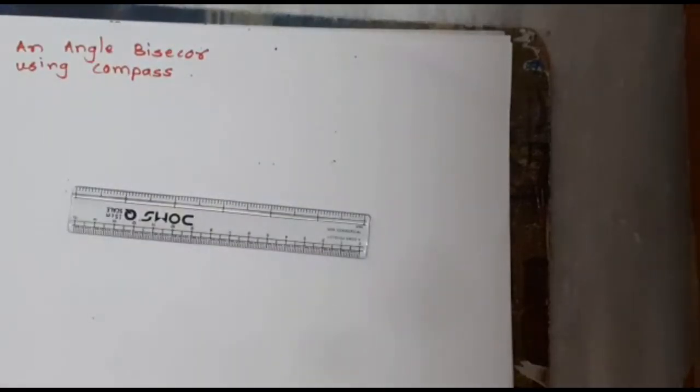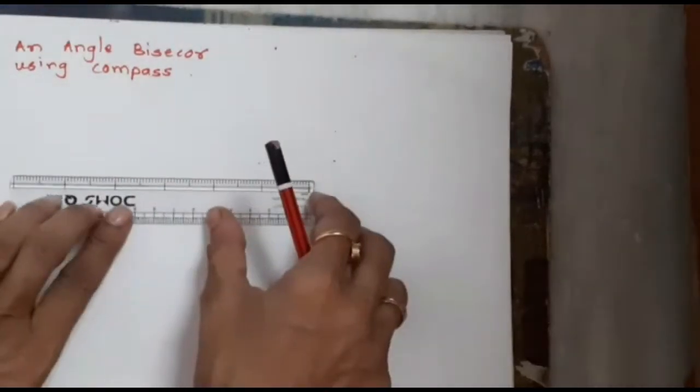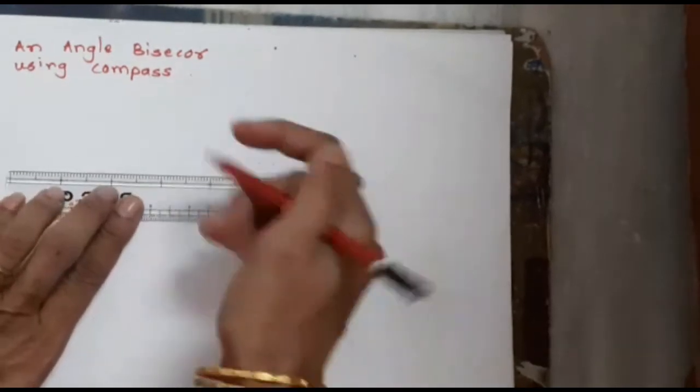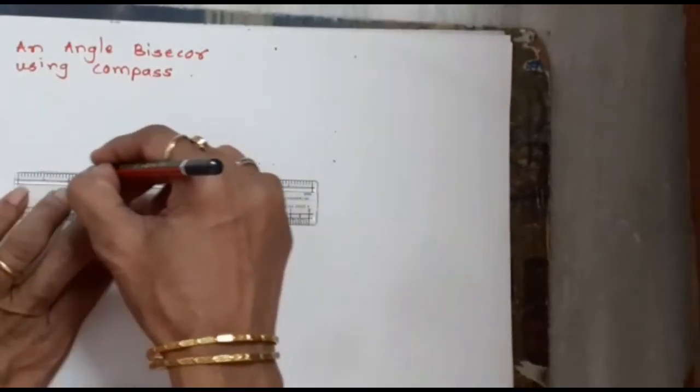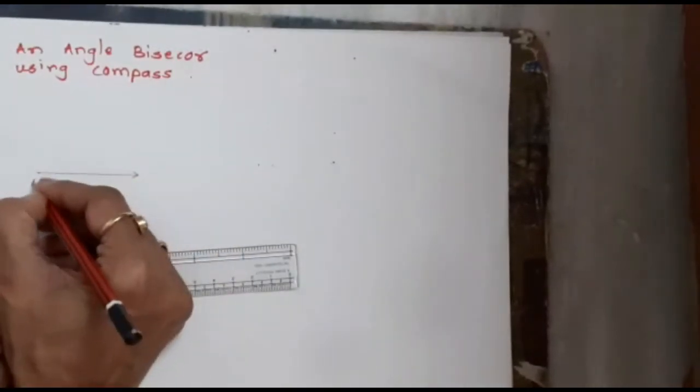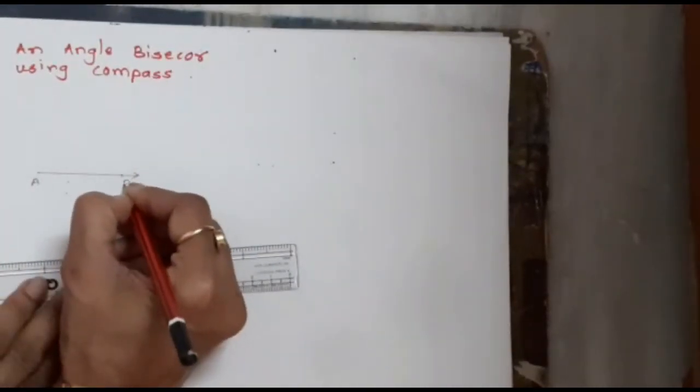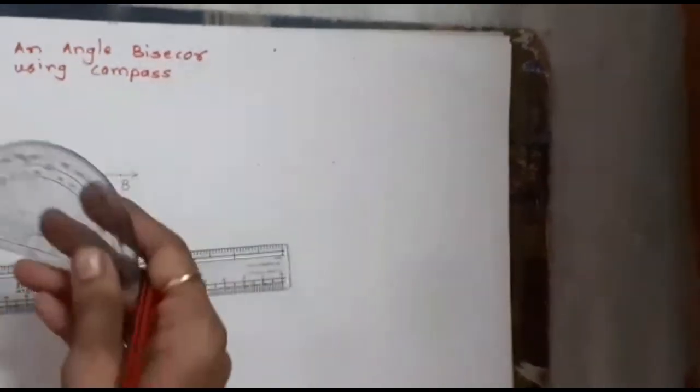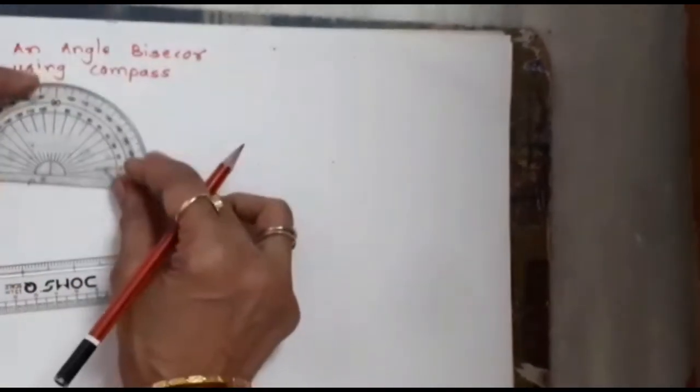Now this time we will draw angle. Now this is A, B, and we will draw angle of 80 degree.